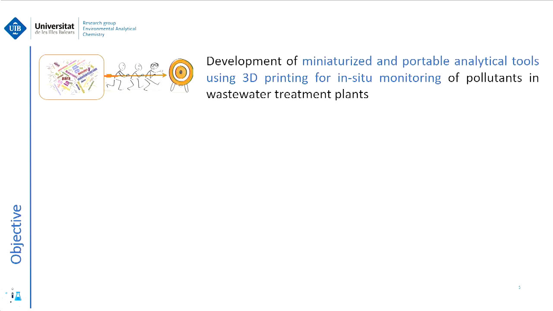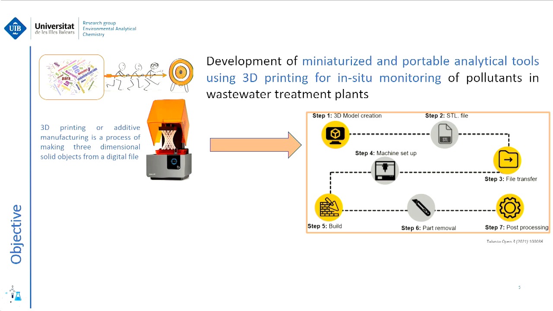So the objective of this project is the development of miniaturized and portable analytical tools using 3D printing for in-situ monitoring. For that, we use 3D printing, or additive manufacturing, which is a process of making a three-dimensional solid object from a digital file.